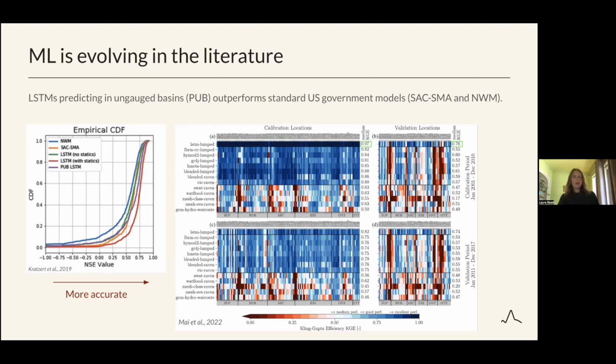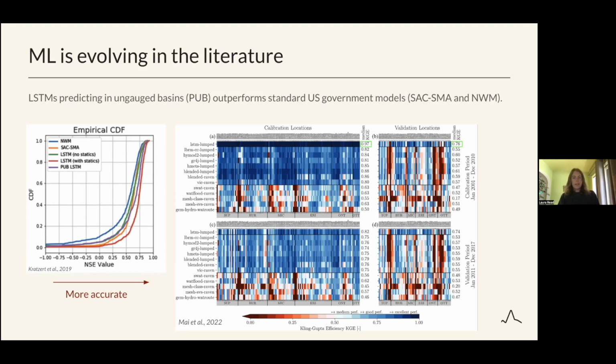It's the model that NOAA generally uses. The NWM is the National Water Model, and then a couple of different versions of an LSTM. And what this plot shows, again, it's the same on the left there, the same kind of cumulative performance across the 531 basins, is that even an ungauged LSTM outperforms a calibrated version of NOAA's models.